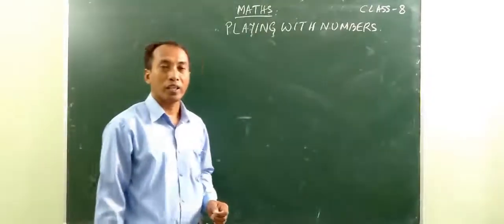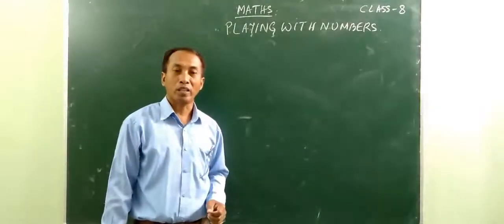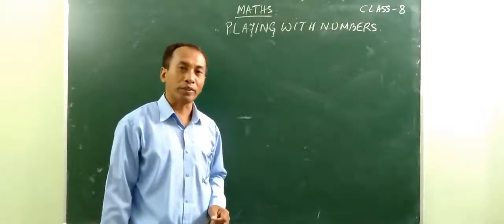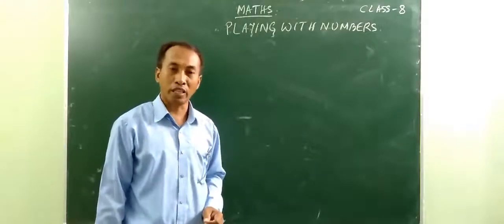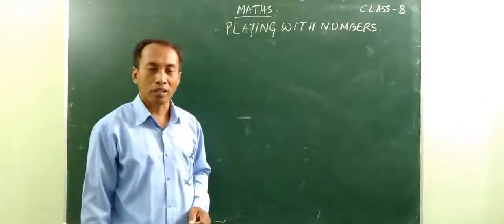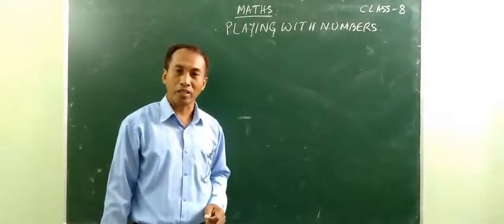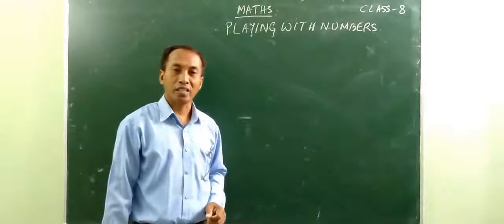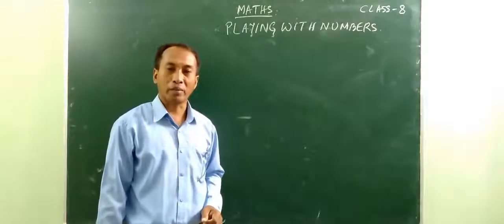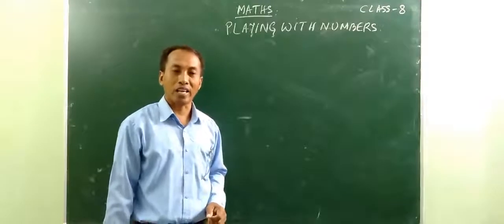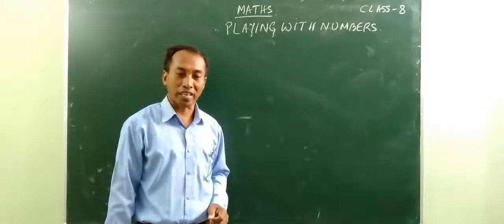In this topic we are going to study: number 1, numbers in general form; number 2, how to reverse the numbers; number 3, the letters of the digits; number 4, number puzzles and games; number 5, coding and decoding; number 6, number patterns; number 7, Pascal's triangle; number 8, magic square; and number 9, divisibility test.